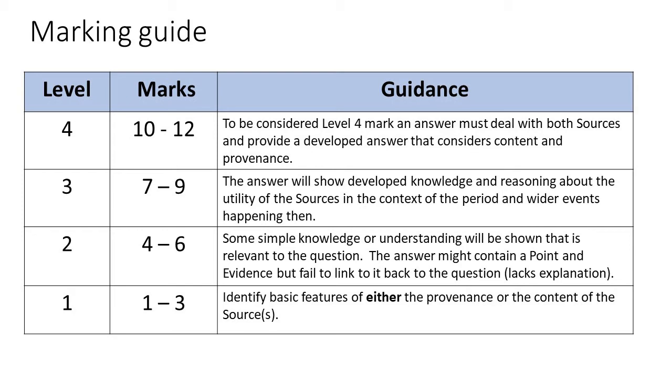Is it at the bottom end of a level? So for example, if it was at the bottom end of a level 3, it would get 7 marks. Or is it at the top end of a level 3? So it would get 9 marks. But that gives you an idea of what the examiner is going to be looking at and using to base their judgment when they see your exam, when they see your answer.